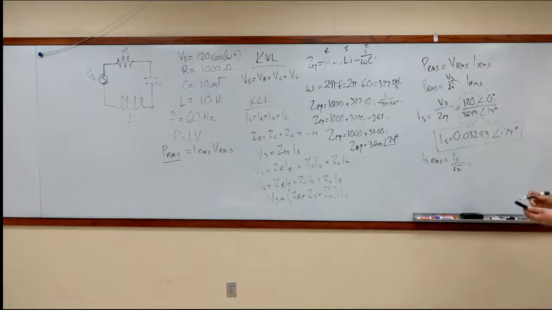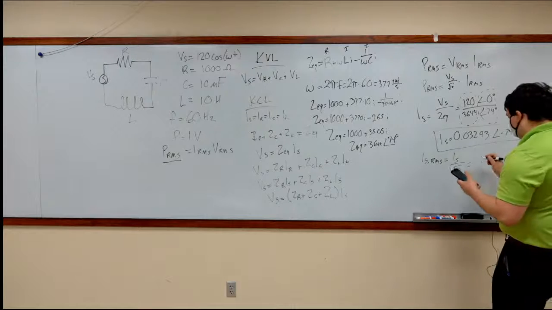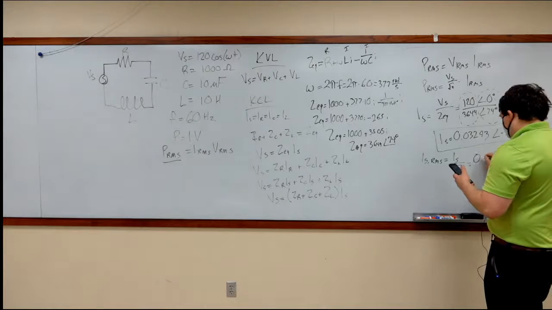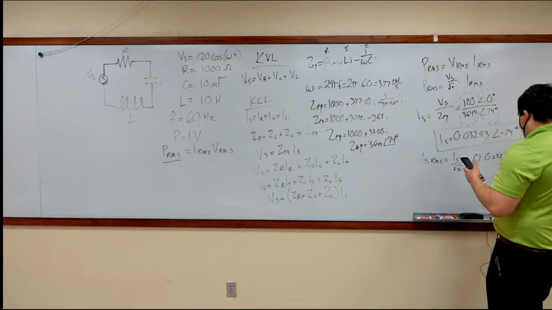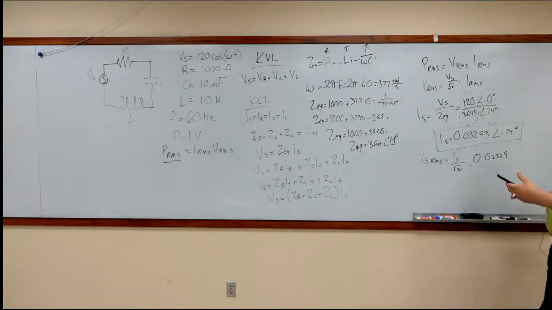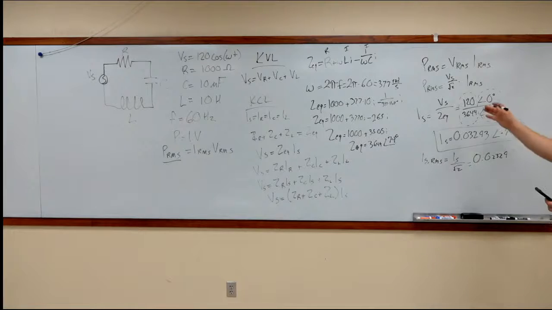So if we divide this by the square root of 2, this becomes 0.02329. Nice.